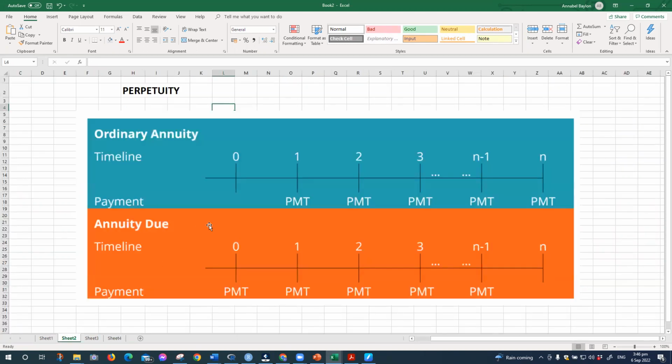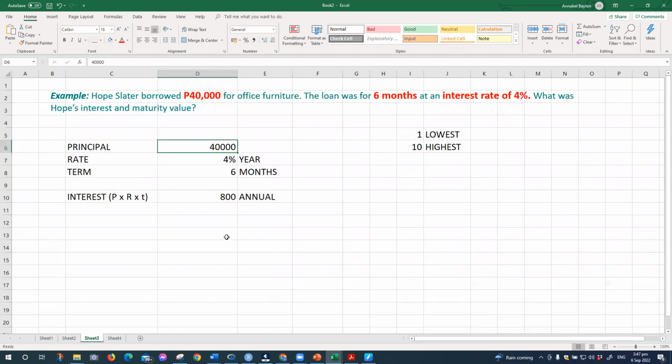One good way to address that is to give this a name. This is called the name box. Let's call this principal. Type it here, principal, with the cell highlighted, then press enter.